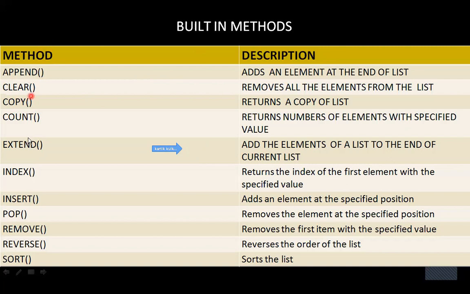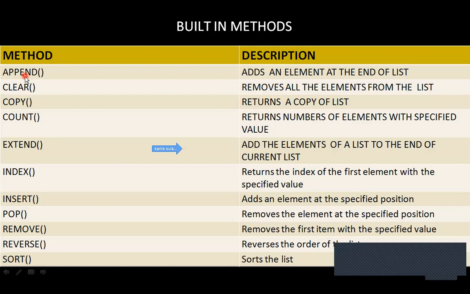Here in this column I have listed the different types of methods we are going to use in the list, and in this column I have clearly specified the description of each and every method. We will see how each method impacts the list, and we will also look into the output of that.